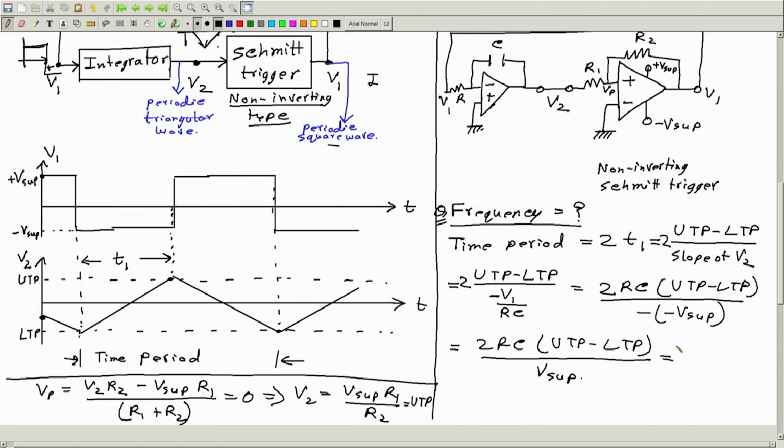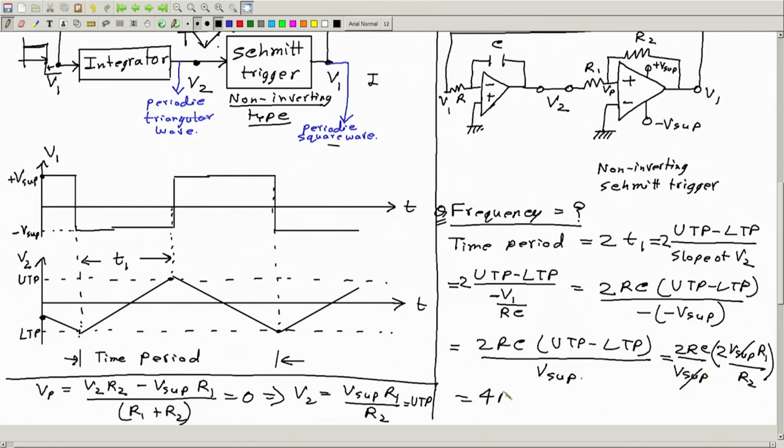So the hysteresis band will be twice of this, twice of V supply R1 by R2, and now this V supply you can cancel.